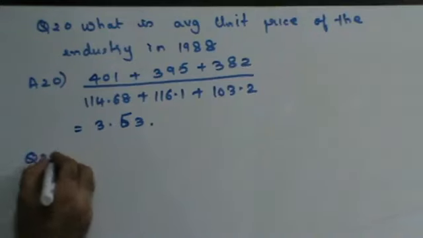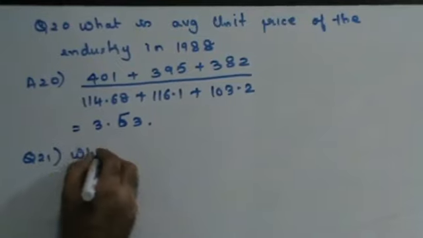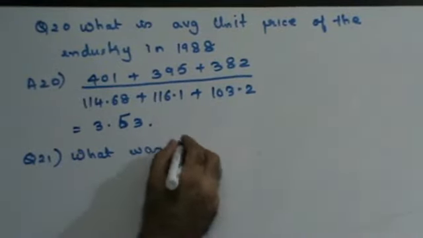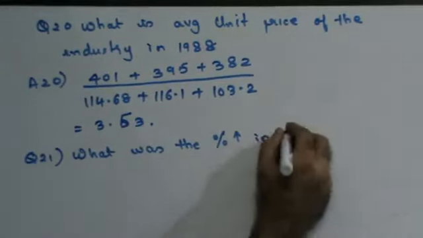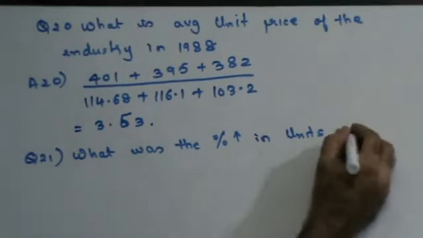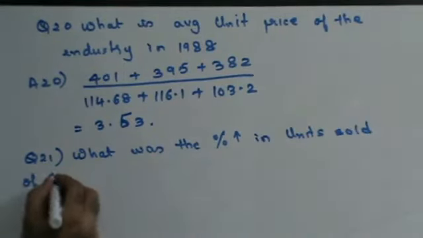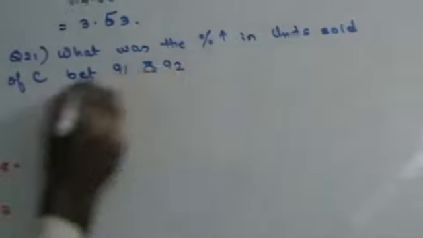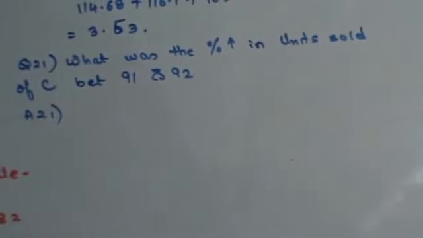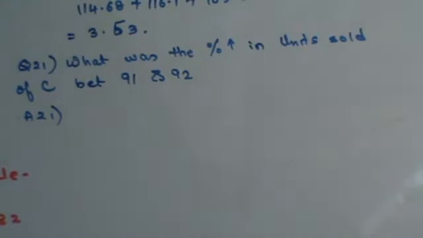Next, let's see question number 21. What was the percentage increase in units sold of C between 91 and 92?